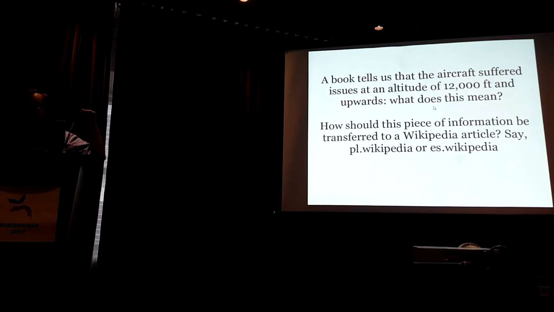However, my position is that this is not the case. The aircraft which you saw on the first slide, the source which was used to create the article about this aircraft stated that it, meaning the aircraft, experienced certain technical issues at an altitude of 12,000 feet. The source was written in English. The aircraft was Soviet actually, and the article was written in Polish. If the article had been written in English, this would alleviate the entire problem, because English still uses the so-called imperial measurements of feet, miles.